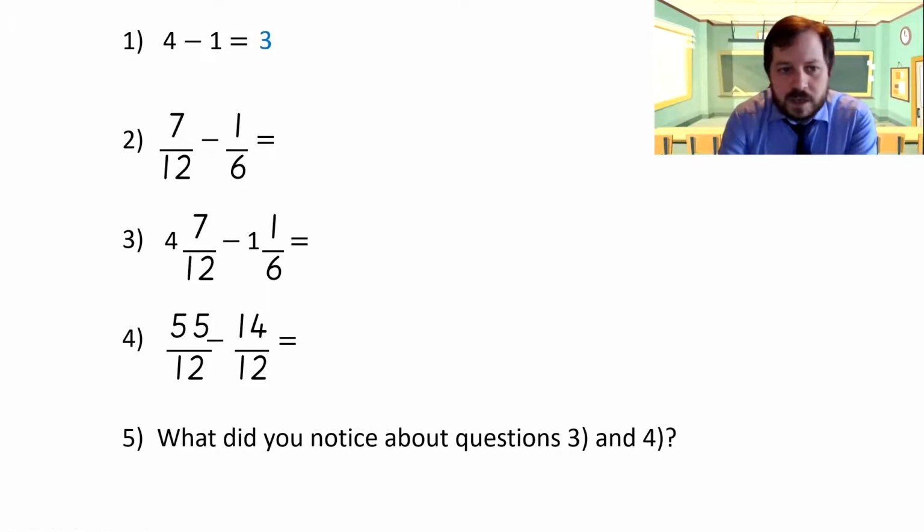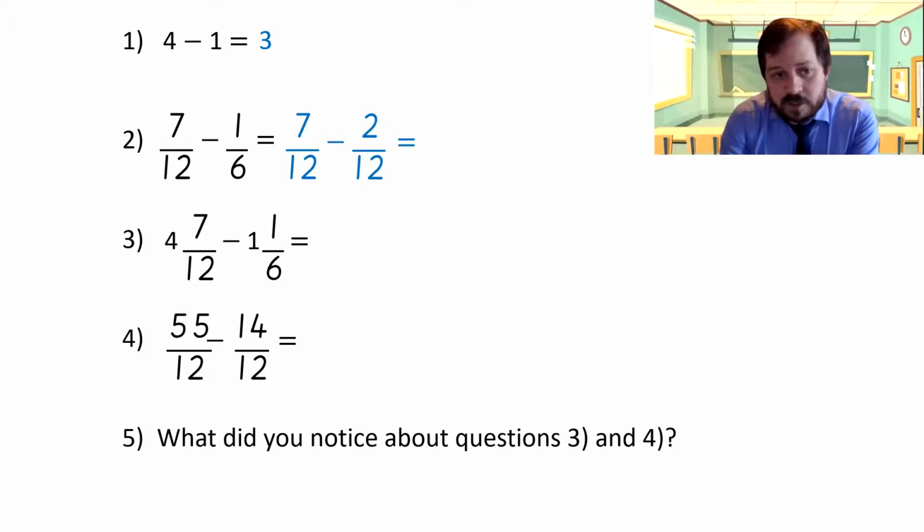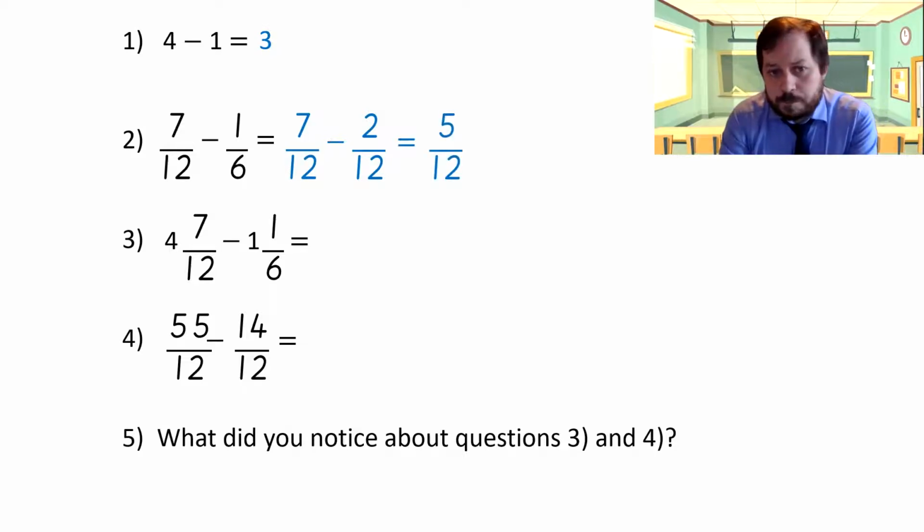That's 3. 7/12 minus 1/6. So in this regard, we have to find an equivalent fraction for 1/6, which is 2/12. We follow that across, and obviously that is 5/12, as it's just 7 minus 2. Then we've got 4 and 7/12 minus 1 and 1/6.